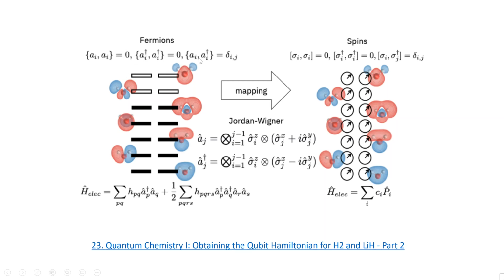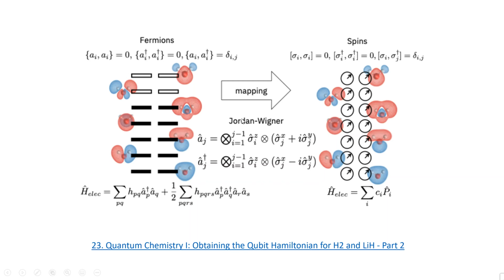And you can see how the creation and annihilation operators work. If the indices are the same, this is how these terms come out. There'll be 0 unless we take the conjugate of each other. This is a different way of showing the energy levels that are occupied by the electrons. But what we need to do is convert this spatial mapping into a spin mapping.